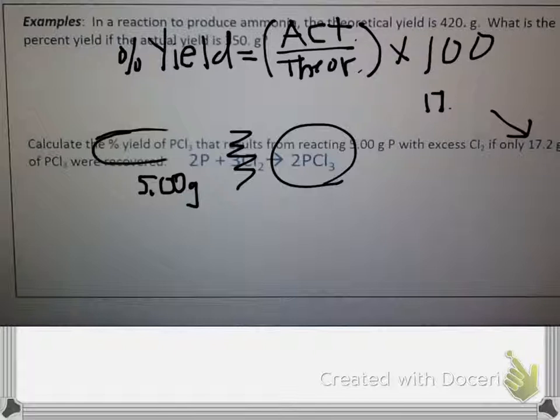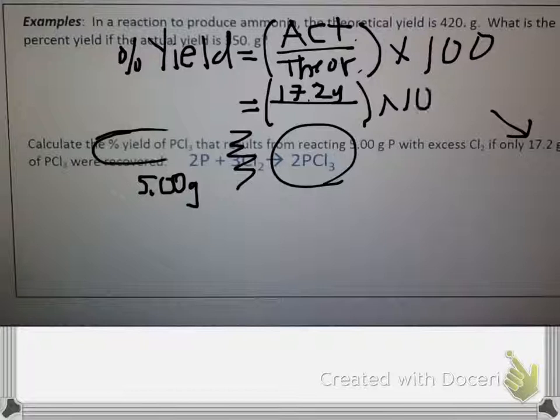Okay, so I'm going to rewrite this, and I've got 17.2 grams as my actual. Do I have my theoretical yet? Let's go back and read. I need my theoretical yield here. It says calculate the percent yield, so that's our question mark, of phosphorus trichloride that results from reacting 5 grams of phosphorus.